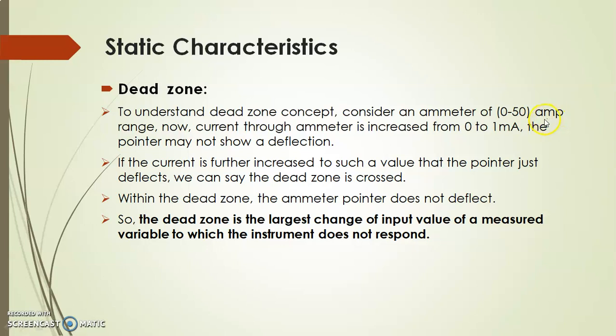If we increase the input from 0 to 1 milliampere, it will not show the reading. That means from 0 to 1 milliampere, your instrument has a dead zone. After you cross 1 milliampere, your pointer should deflect. That means your dead zone is crossed. Within the dead zone, the instrument will not deflect and will not show any reading. So that is nothing but the dead zone of an instrument.